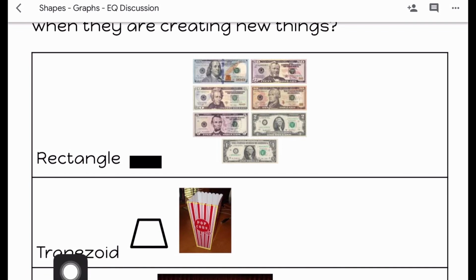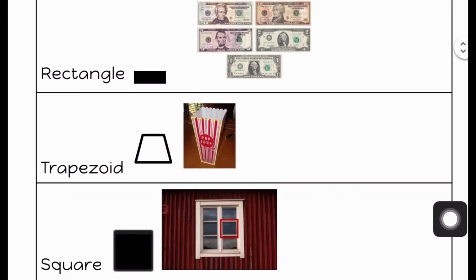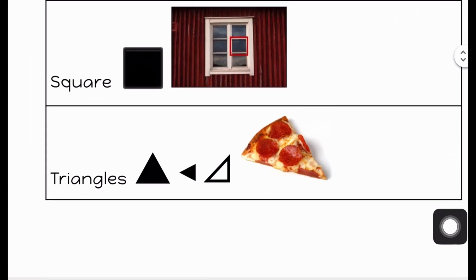How about this one? When they were making this popcorn box, do you think they were thinking of a trapezoid? Yeah, I think so. How about squares when they were making windows? Do you think they thought of them? And when we were cutting pizzas, do you think they thought of cutting it into triangles?